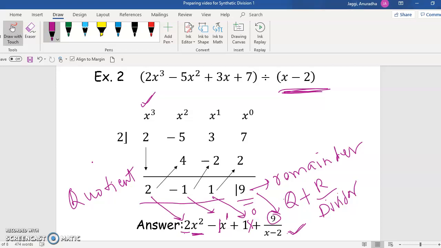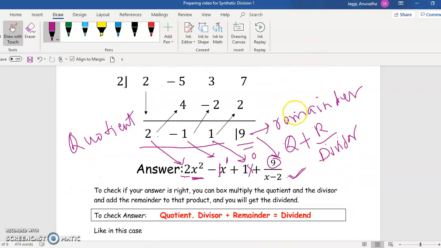So that is how you write down your answer. The exponent will be a power less than the highest power of the dividend, which is 2x squared minus 1x plus 1, and plus 9 divided by x minus 2.